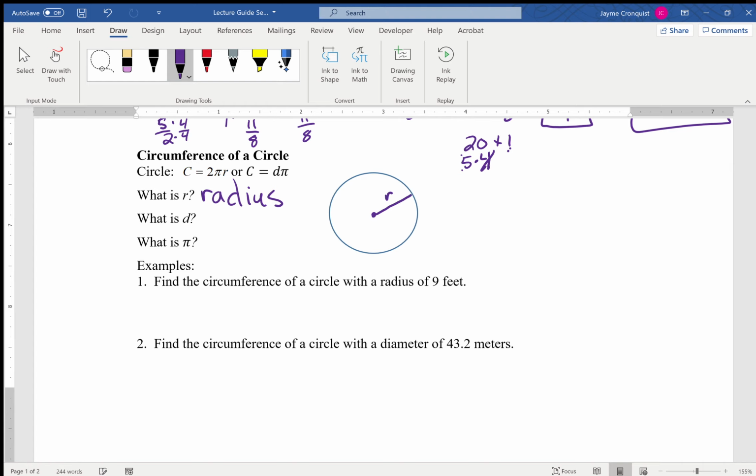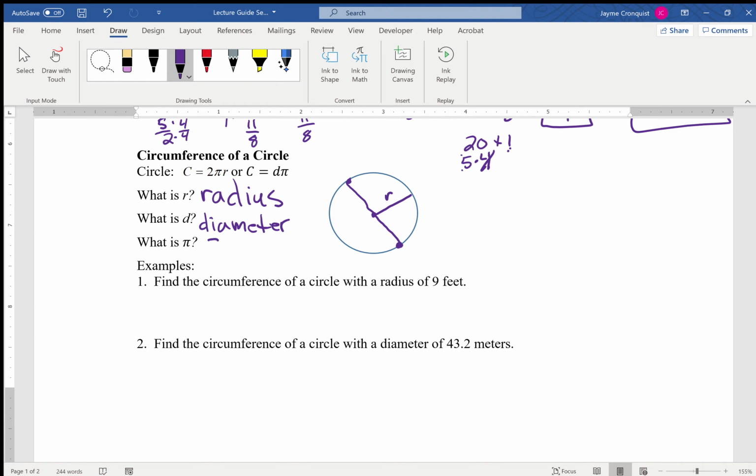Radius is the length from the center to the circle. Doesn't matter which point on the circle, they'll all have the same length. Okay, D is for diameter. The diameter is a line segment that goes through the center and has its endpoints on the circle itself.